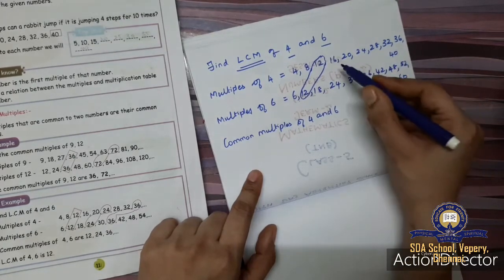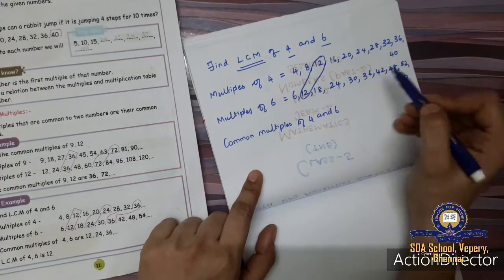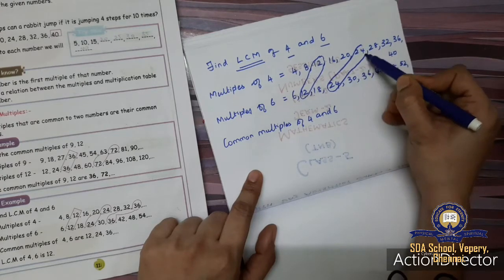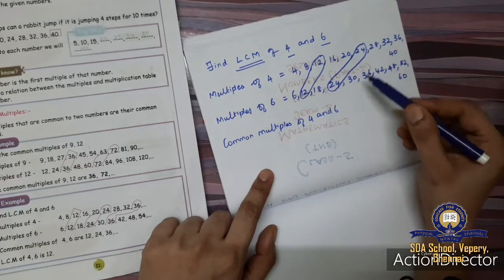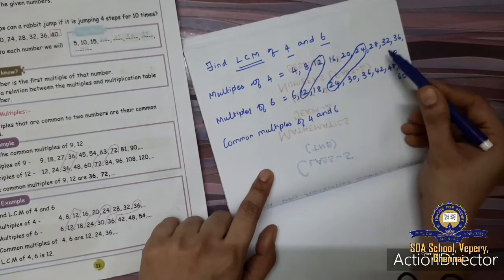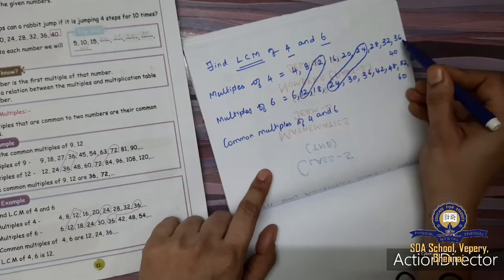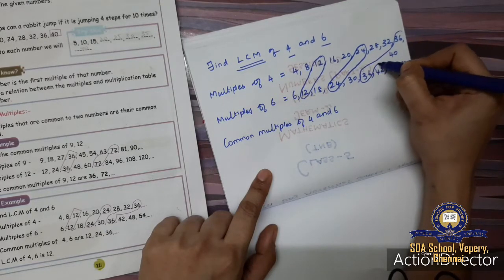Then 16, it is not there, so leave. Then 20, it is not there. Leave. Then 24. Here is 24 and here is 24. So that is the second common multiple. After that 28, 30, no. Then 32, no. Then 36 is here and 36 is there also.